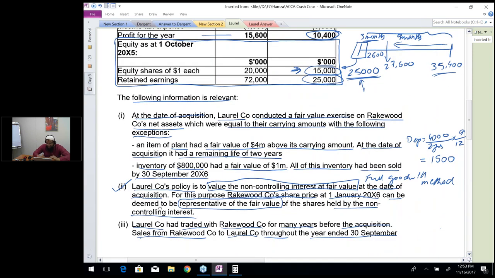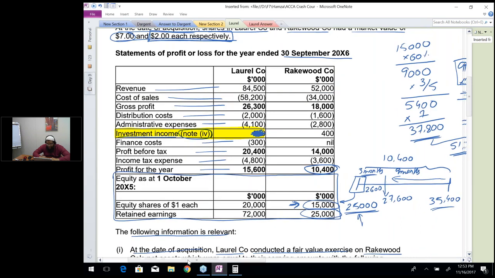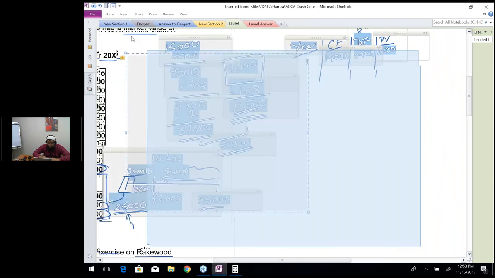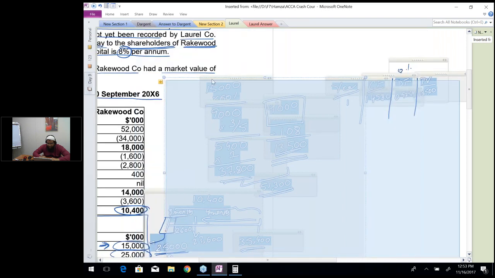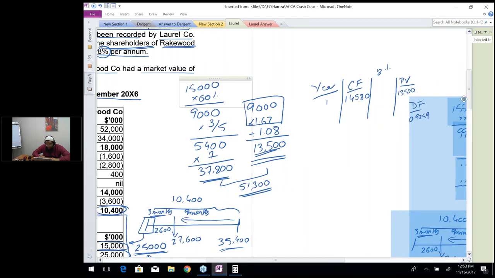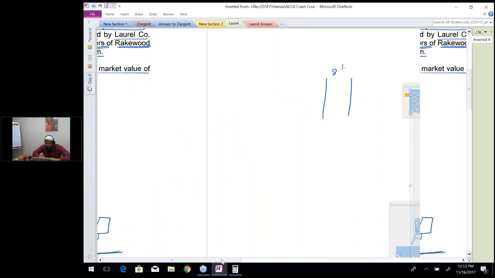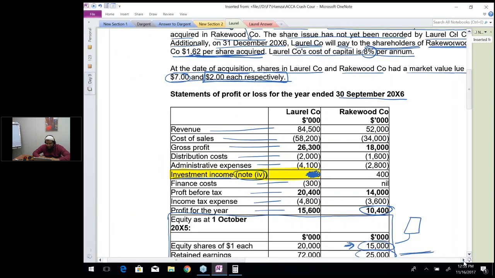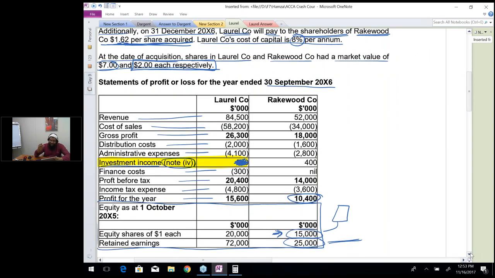So now let's prepare the consolidated income statement. For that, I need to prepare some space, so I'm selecting all these values and moving them forward so that I can get the space over here. Okay. Now let's prepare the income statement.